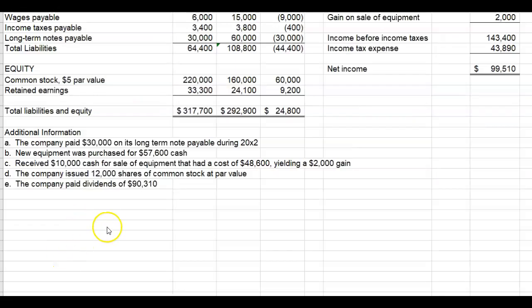In the financing activities section of the statement of cash flows, we need to report cash paid or received in connection with long-term debt or long-term financing, and we need to report cash paid or received in connection with the equity of the company.